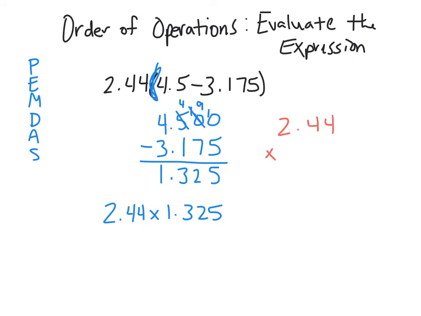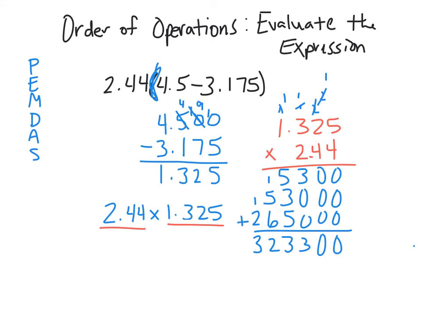Now remember, I have a larger number here, not technically speaking with the decimals, but it has more digits. So I'm going to put that one on top. So 1 and 325 thousandths times, because I only have 3 digits here, don't forget to put in that decimal after, now I can evaluate it.